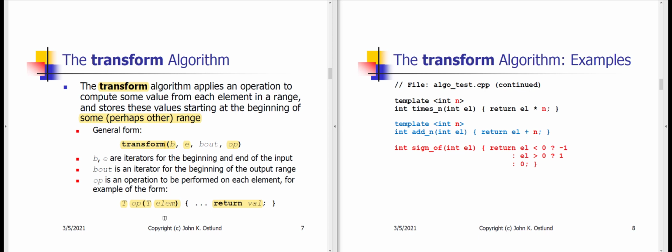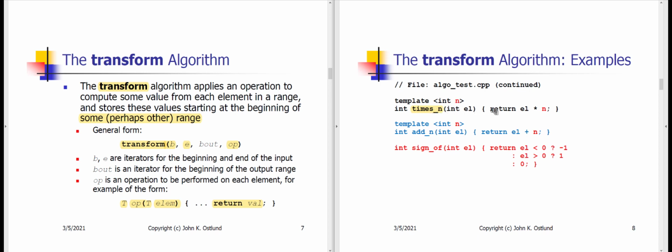Okay, so transform takes an operation that takes an object by value and that returns a value of the same type when it's finished. And so here we have some illustration of functions that are appropriate to use with transform. I have a template function called timesn. This is parameterized by the integer value n.